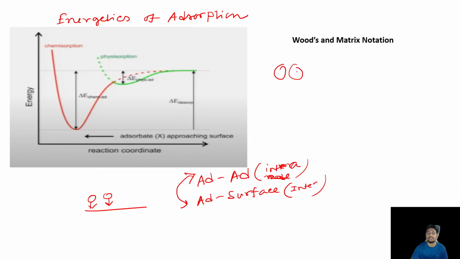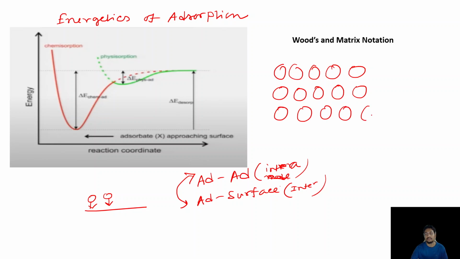Normally, let's say this is the surface atoms, the surface layer. And let's say the add atoms are going like this. Let's say this is FCC 100, and these black ones are the add atoms, and the hollow ones are the surface atoms.